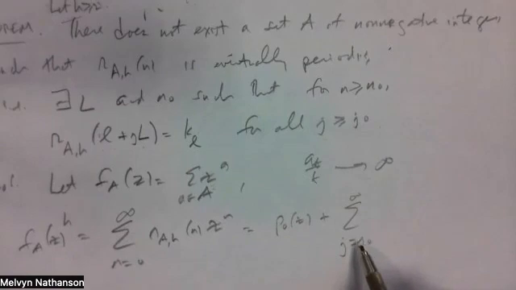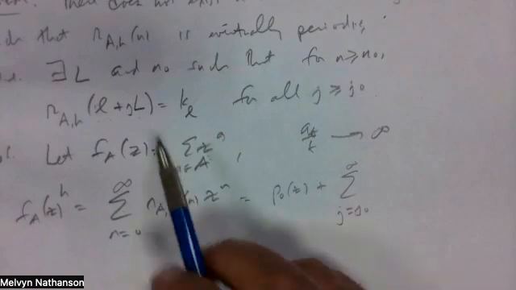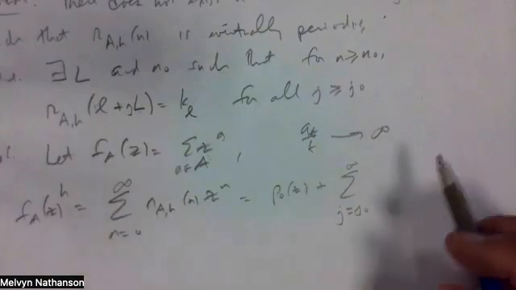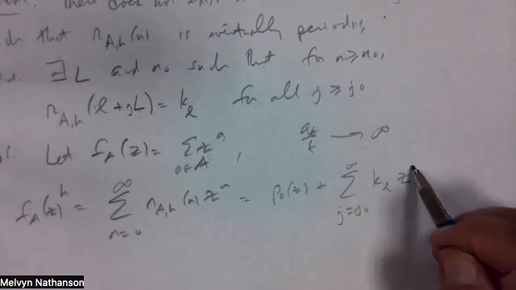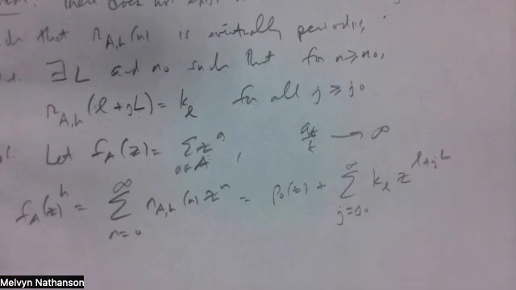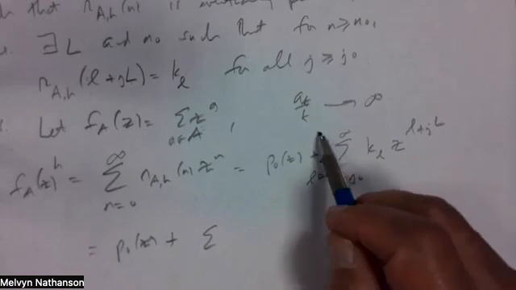So for integers in the congruence class little l plus j L, mod big L, this is k sub l, z to the l plus jL, right? And this is p0 of z plus, what is this? The summation, l goes from 0 to capital L minus 1 for each of the congruence classes.